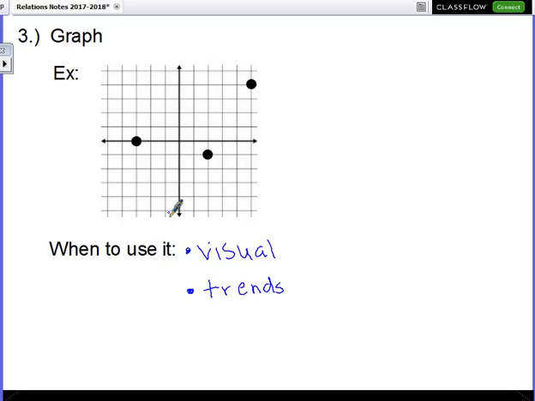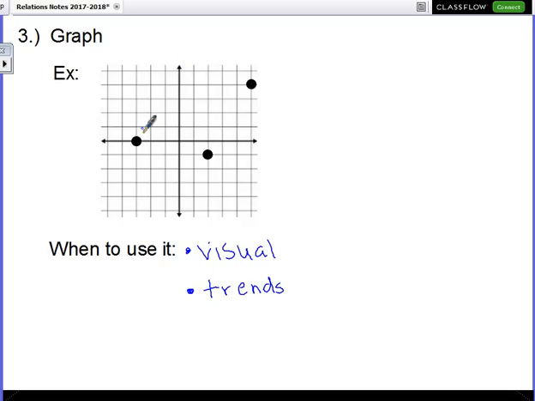Another downfall is if you're given the graph, it's really difficult to then extract the data from it and figure out what numbers these guys represent. Right now, there's only 3 of them, so it's really not that difficult. But when you get a lot of data or a lot of ordered pairs, it's going to be a lot harder and a lot more tedious to try to get those numbers from the graph.